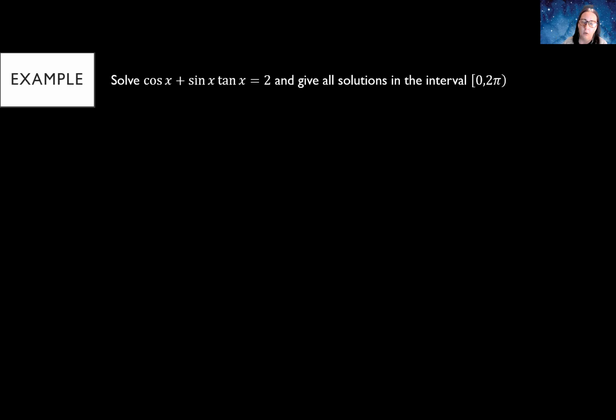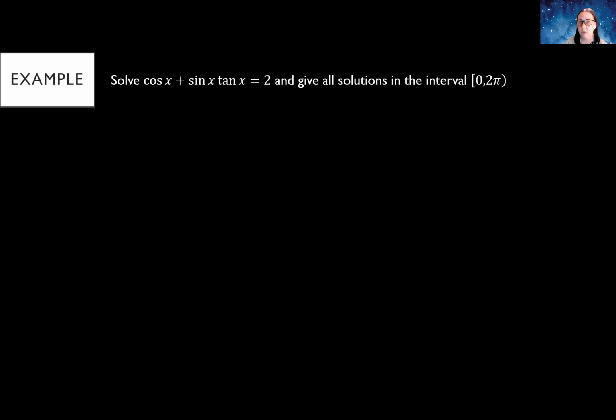So you have to decide here, are you solving for cosine, sine, or tangent? Whichever one you decide to solve for, you need to rewrite the others so that you've got everything in there. If you decide to solve for cosine, you need to turn everything else so it's in terms of cosine. If you're solving for sine, you need to make everything in terms of sine.